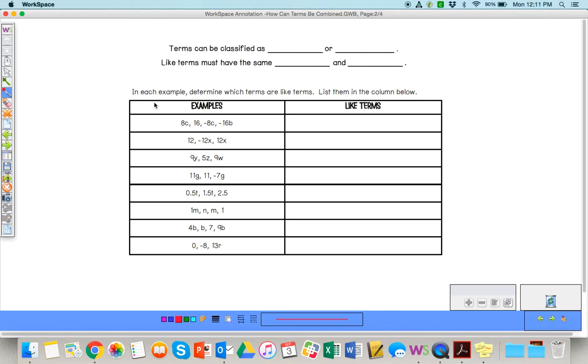So it says terms can be classified as like or unlike. Like terms must have the same variable and the same base. Okay. We also need to note, you really won't see it on here, but it has to be to the same power.